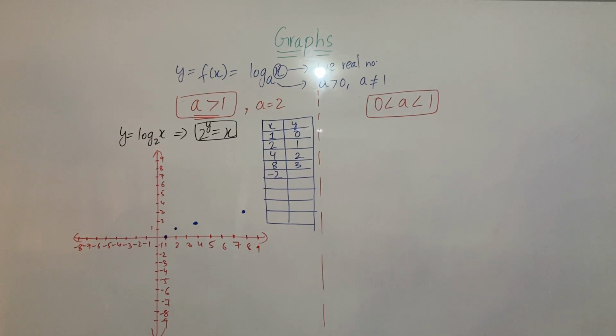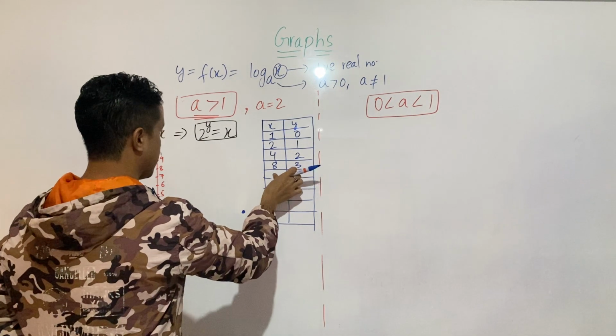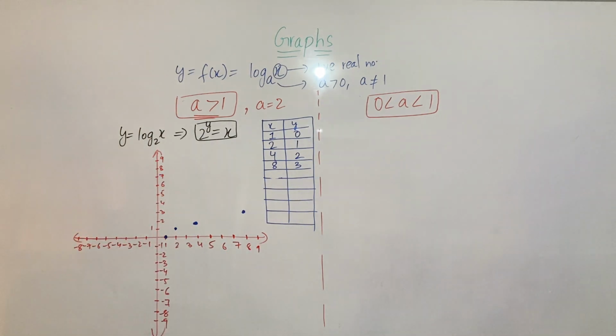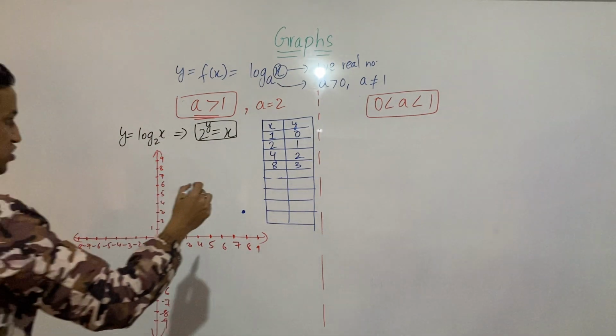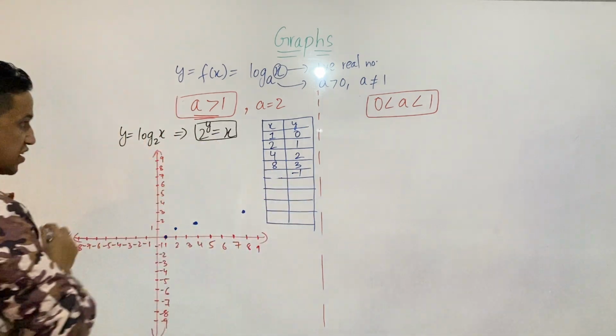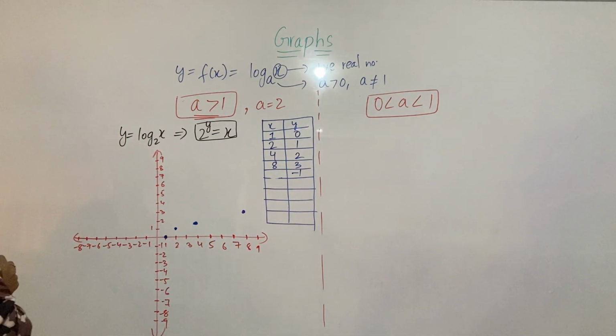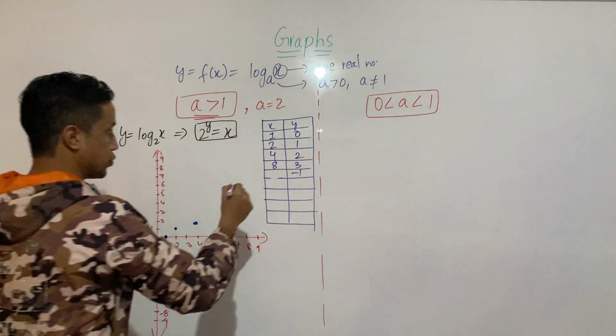If we take y to be minus 1, then your x is going to be 1 by 2, right?